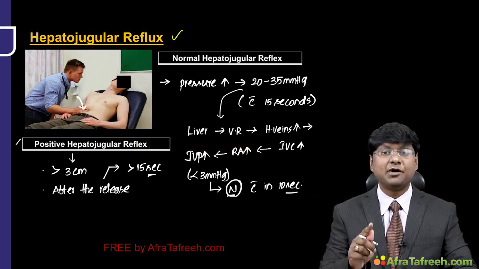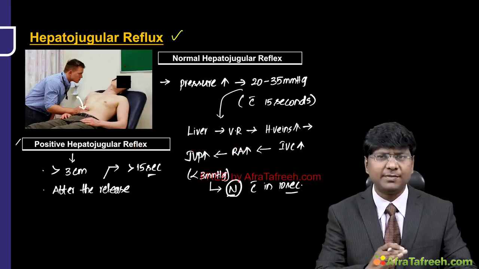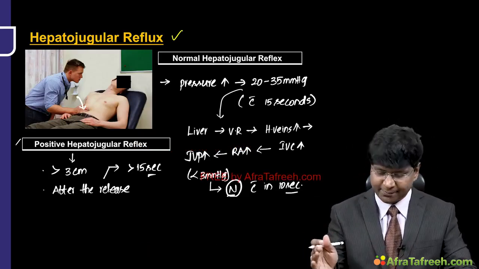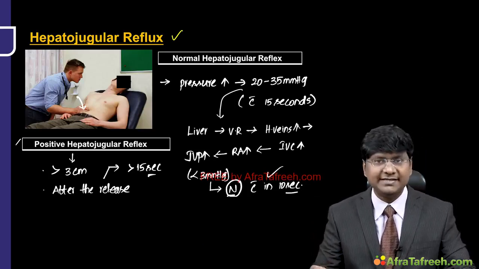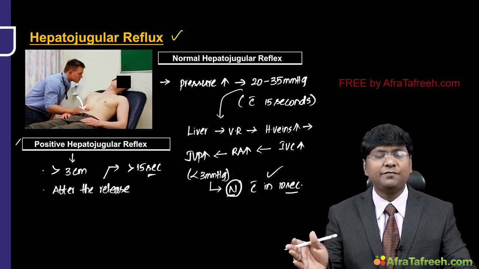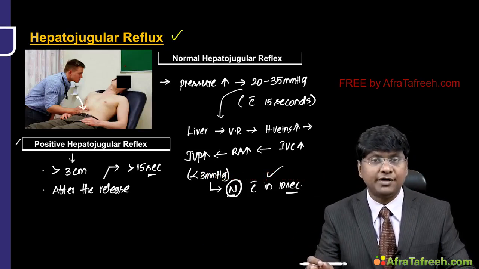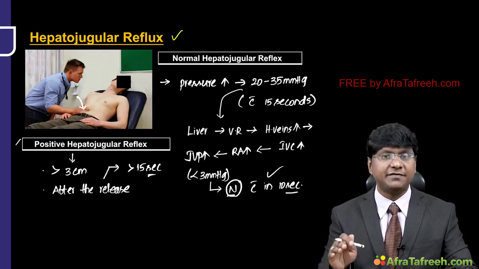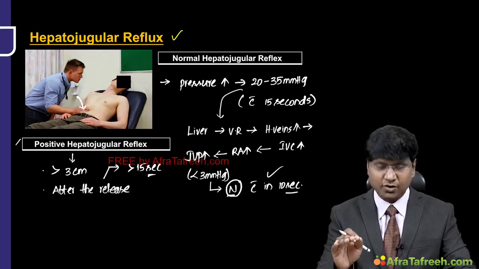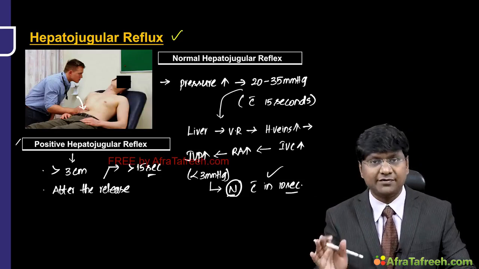Normally, once you remove the pressure from the right hypochondrium, the JVP will return back to normal within 10 seconds. But in spite of taking out the pressure, the JVP is still elevated more than 3 centimeters for more than 15 seconds. That we call the positive hepatojugular reflex.